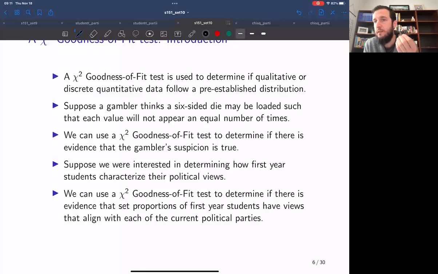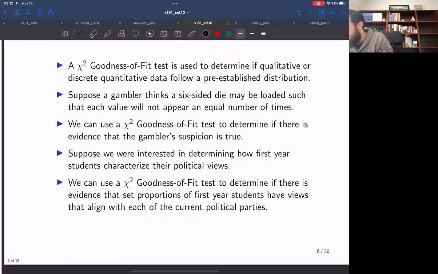Right. So the purpose of this test is, again, to determine if some outcome is adhering to what we believe it should adhere to, which typically just means, are the events corresponding to the proportion of times that you would expect them to correspond to?